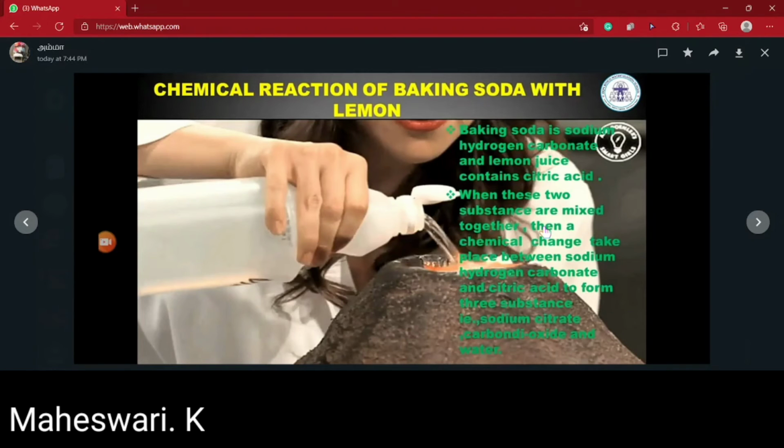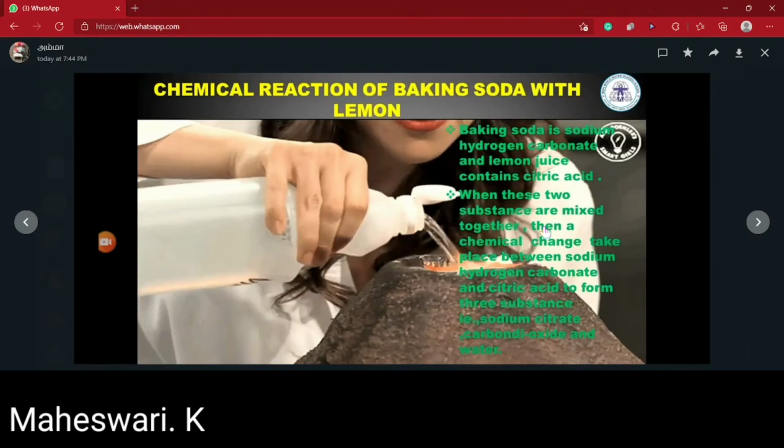So next we are going to learn about the chemical reaction of baking soda. Baking soda is sodium hydrogen carbonate and lemon juice contains citric acid.